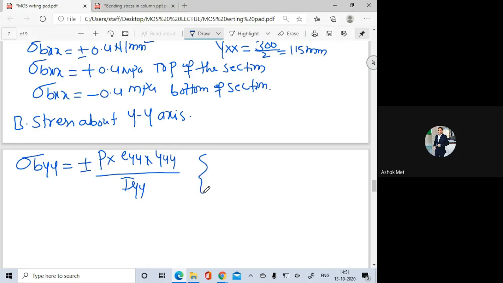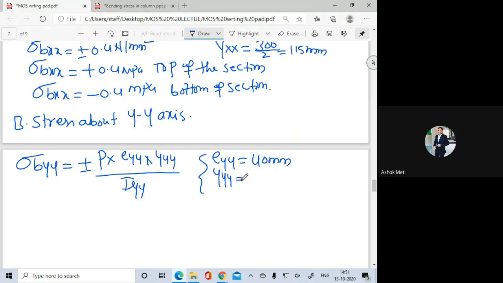We have already calculated eyy, it is 4 centimeter converted into mm, so this will be 40 mm. And yy, can you tell me yy?